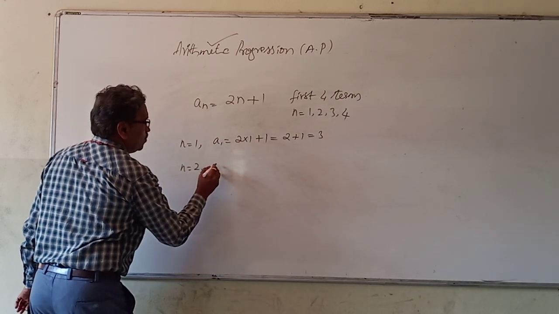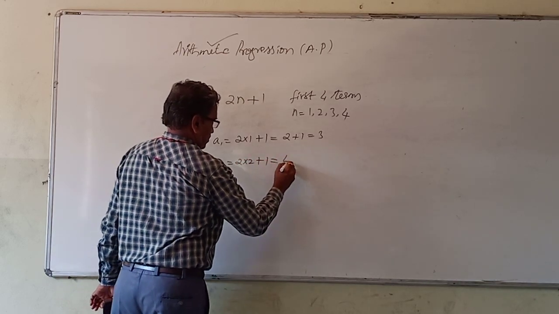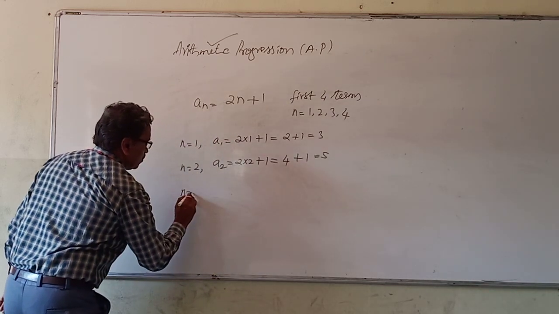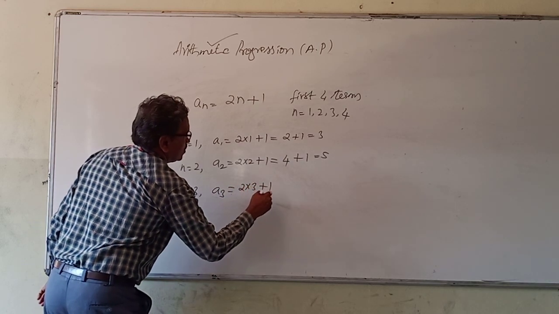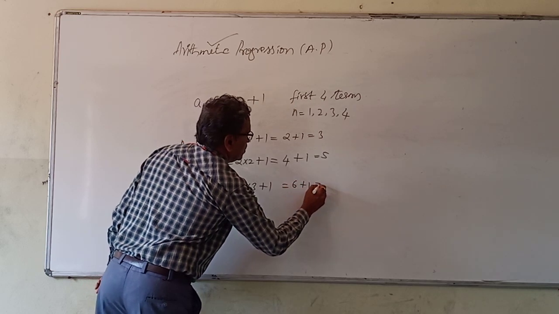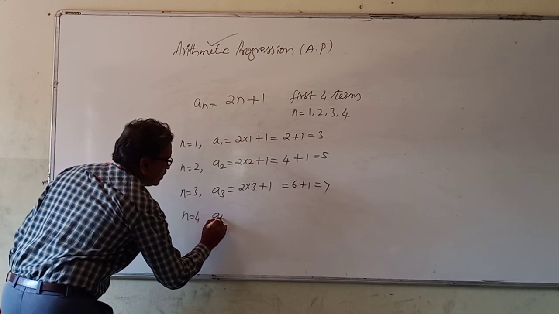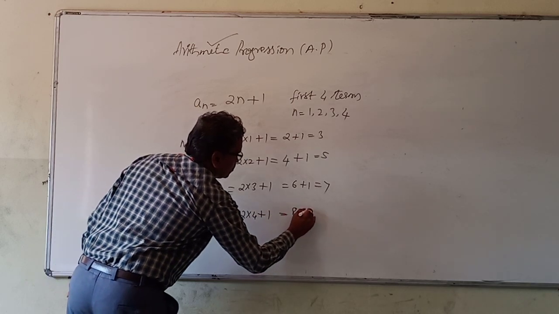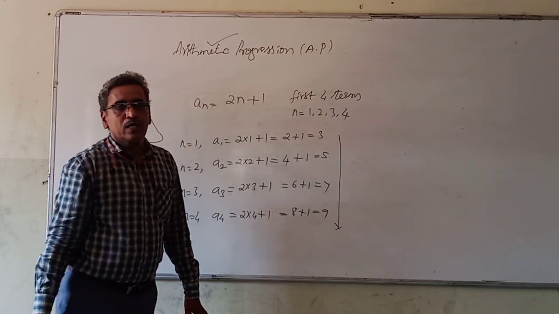Similarly, n is equal to 2, a2 is equal to 2 into 2 plus 1, 4 plus 1, which is equal to 5. n is equal to 3, a3 is equal to 2 into 3 plus 1, 6 plus 1, 7. n is equal to 4, a4 is equal to 2 into 4 plus 1, 8 plus 1, which is equal to 9. These are the first four terms of the given sequence.